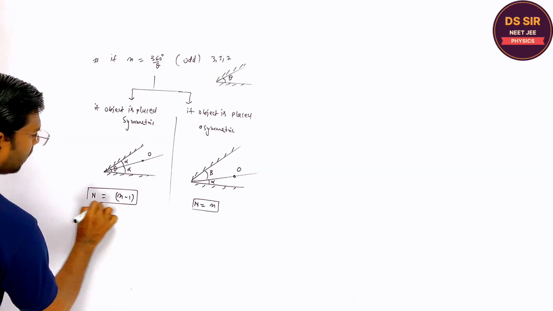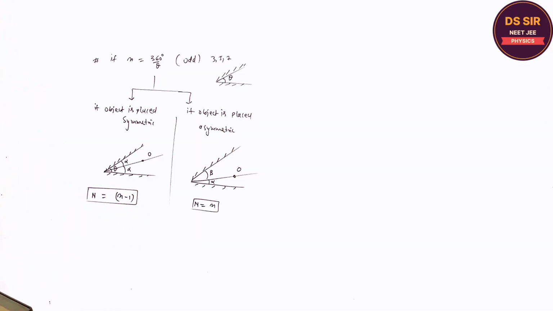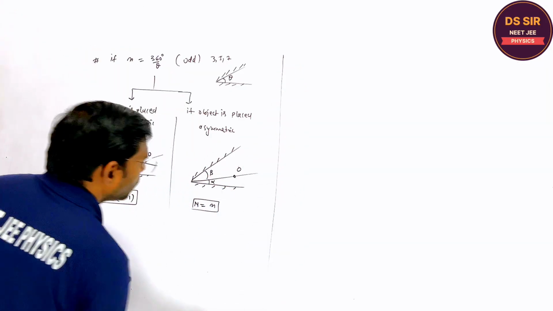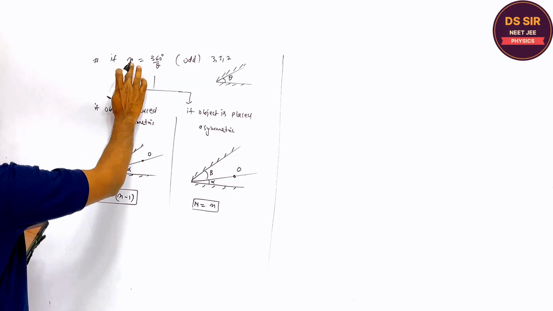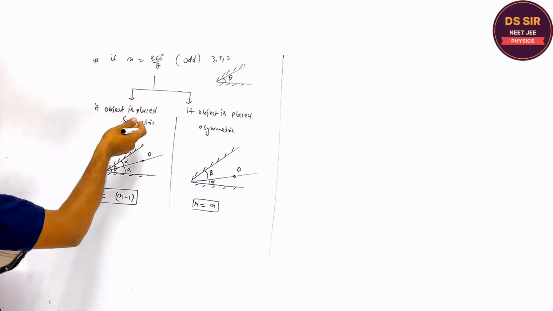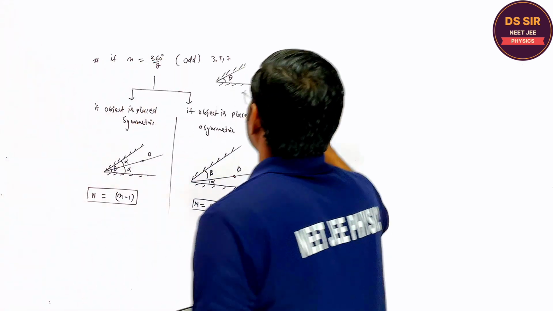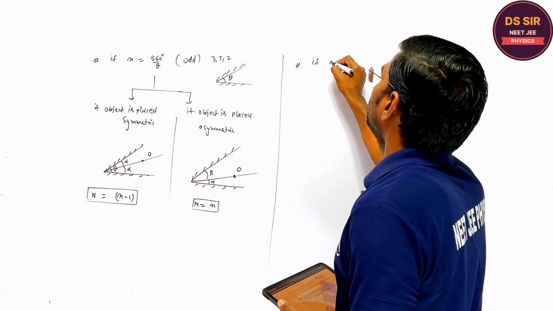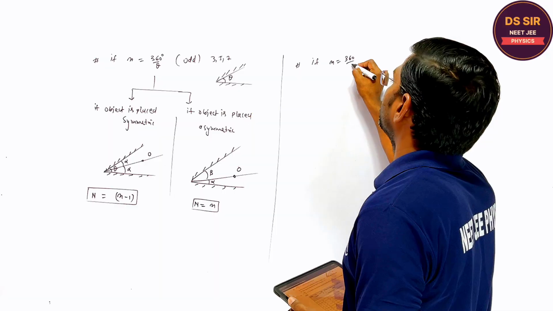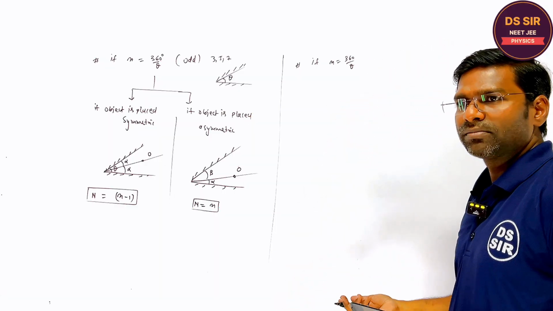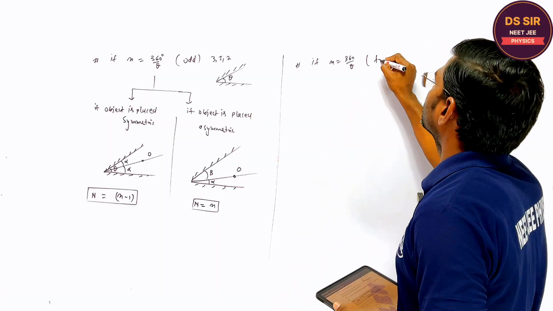This formula you have to remember. Are you getting or not? One more important point. This is the case when n is the odd integer, or the previous case n was the even integer. But when you calculate 360 upon theta, if it is not an integer, it may be a fraction.